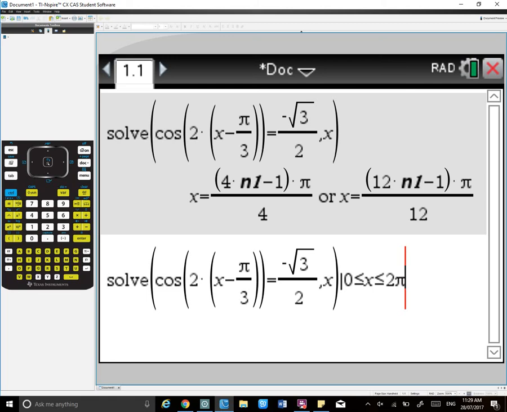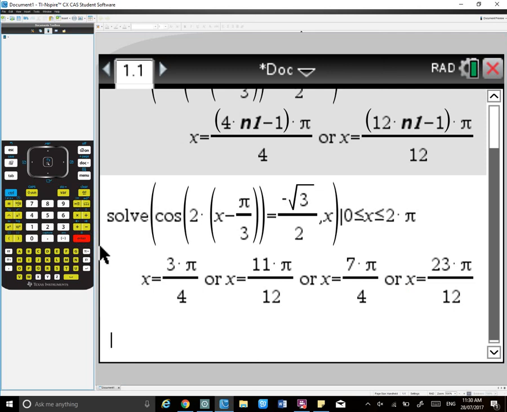If you don't put this domain, the calculator only gives you the general solution. If you put the domain, the calculator will give you the specific solutions because it's possible to list all the values between 0 and 2 pi. And we press enter. We have those 4 values we have solved.